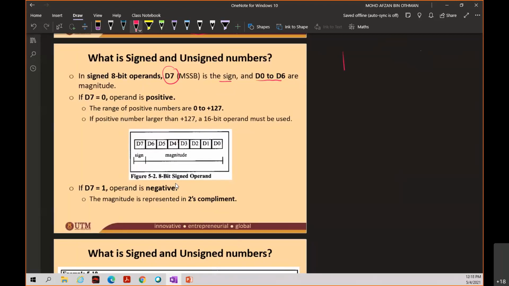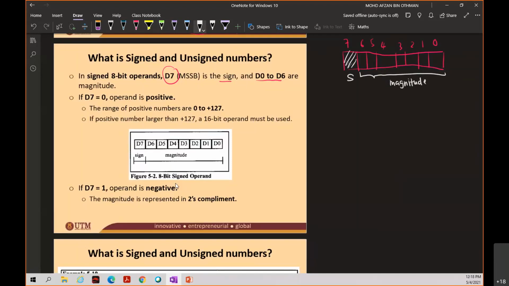You have 8-bit data: bit 0, 1, 2, 3, 4, 5, 6, and 7. Bit 7 becomes your sign, while bit 0 to bit 6 are your magnitude, the value of your number.